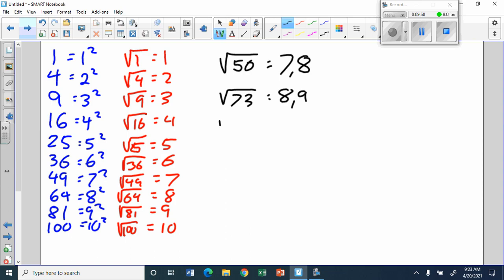Well, what about the square root of 200? Our list goes all the way to 100, right? So watch what we can do with this. We know that this is the square root of 2 times 100. We know it can become the square root of 2 times the square root of 100, which is 10 square root of 2.